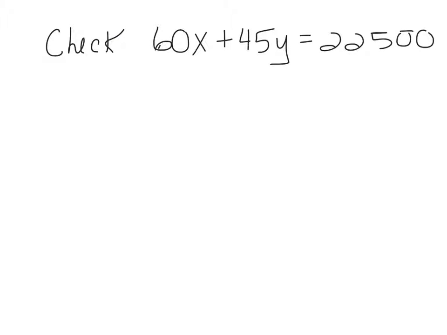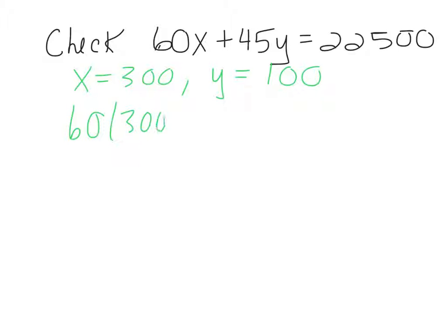Now remember, before we're ready to answer the question, we have to make sure that our variables that we solved for, x is equal to 300 and y is equal to 100, when we substitute those back into the second equation, are in fact correct. So we have 60 times 300 plus 45 times 100 is equal to 22,500.